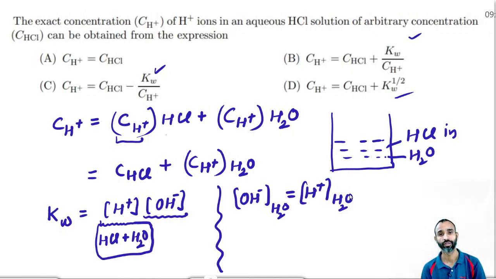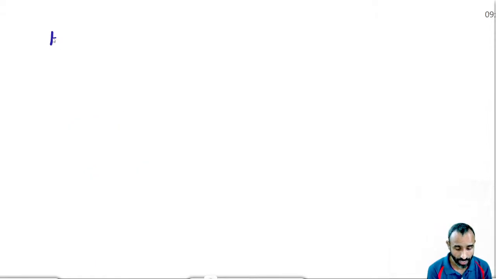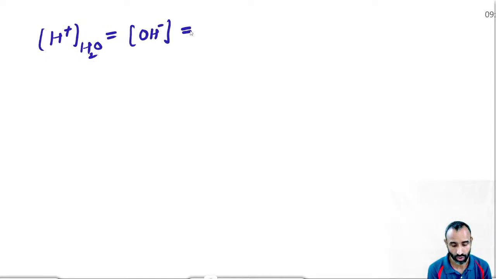Yes, beta. So that means this H plus ion concentration is not from water only. This H plus ion concentration is from HCl as well as water. So to calculate H plus ion concentration from water, it is equal to concentration of OH negative ion, and that is equal to ionic product of water upon H plus ion.